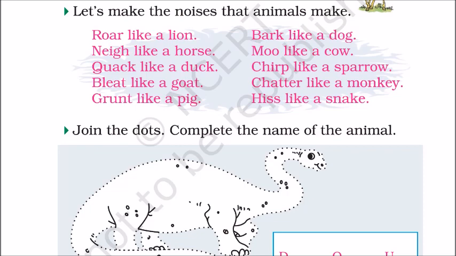Quack like a duck. एक डक यानी बतख की आवाज़ निकालिए. Chirp like a sparrow. Bleat like a goat. Chatter like a monkey. Grunt like a pig. Hiss like a snake.